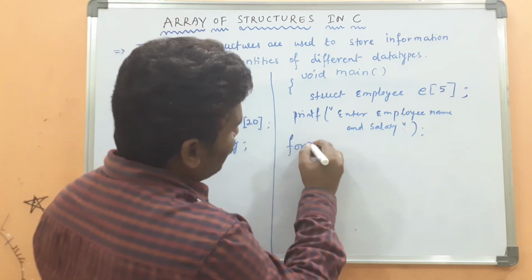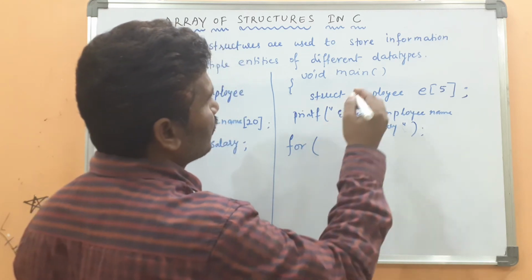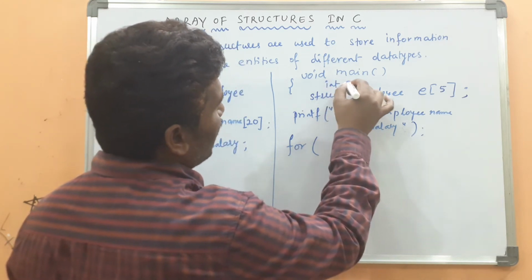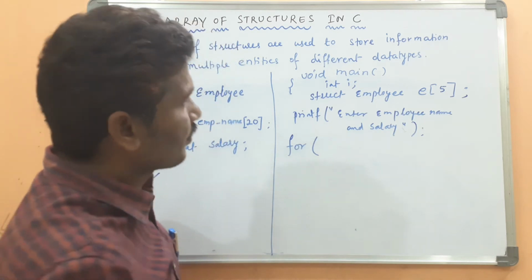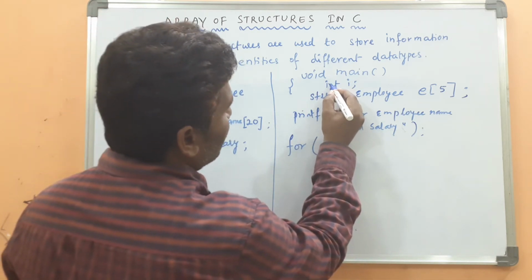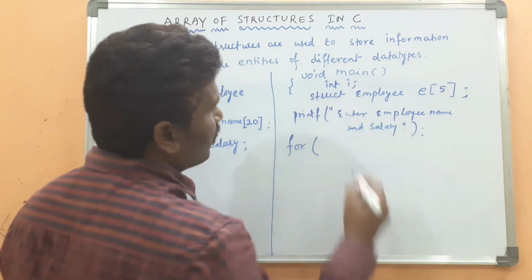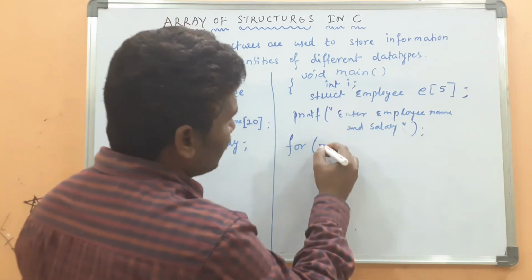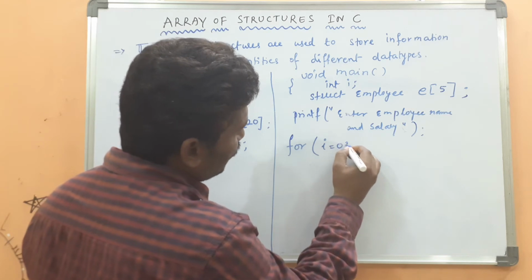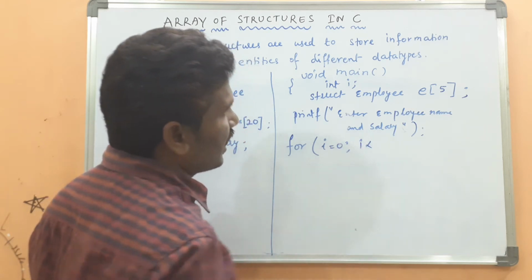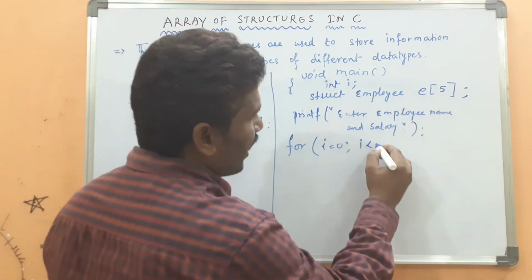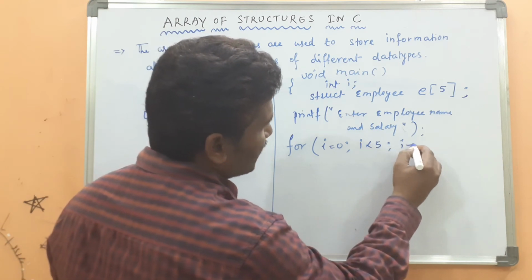Because I want to use the for loop, here int I, because I can be declared as an integer, then I equals 0. I less than the size of the array, 5, I plus plus.